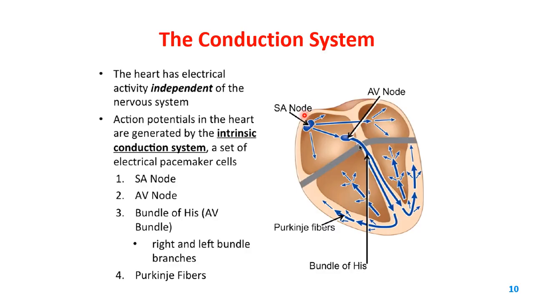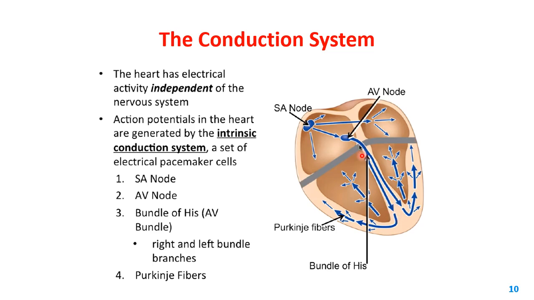Then you have a connection here that goes to the atrioventricular node that is also in the right atrium, but it's just before the division with the ventricles. Okay, so after that you have these fibers that will go down. You have this bundle, called the bundle of His, or also the AV bundle, that goes right in the middle here, the heart septum.